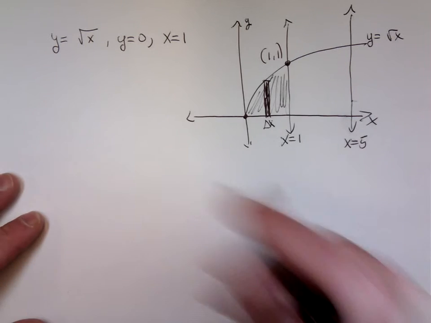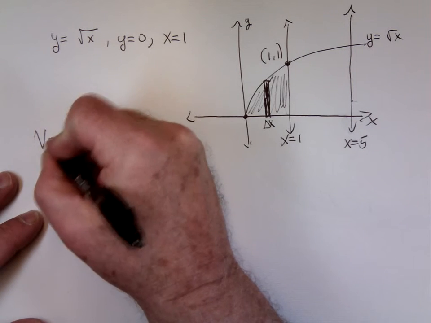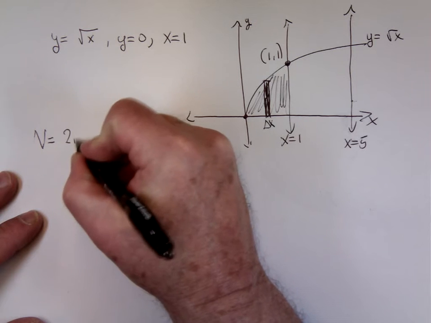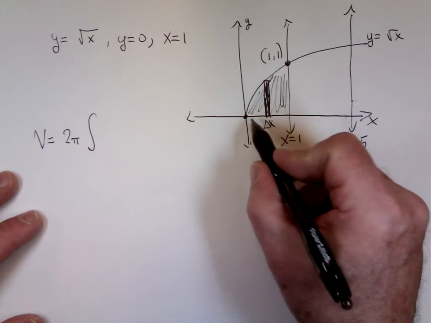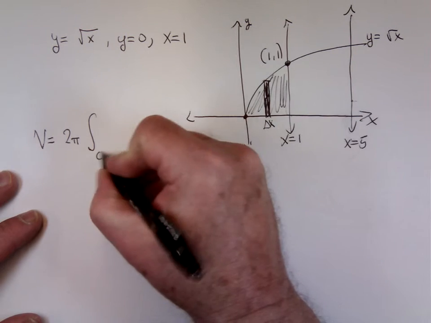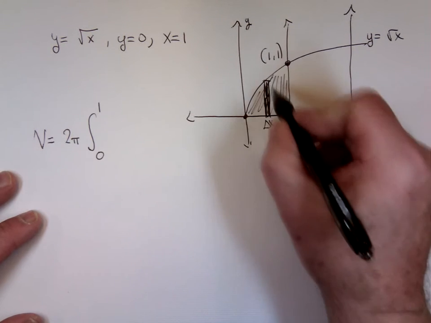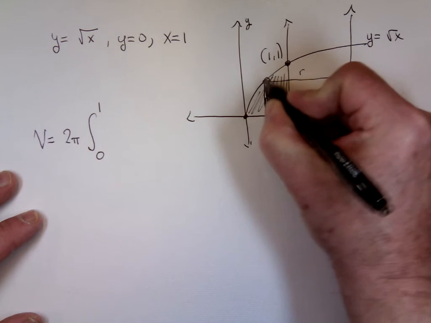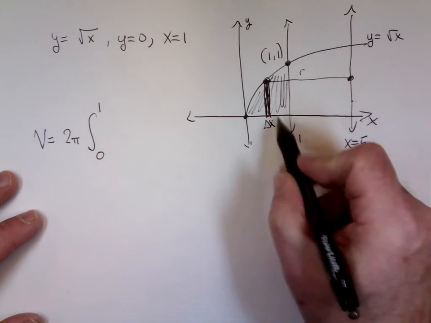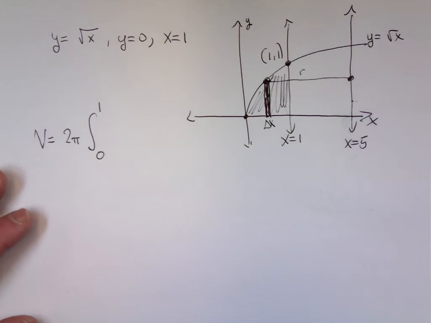The volume will be 2 pi, the integral. Now, x is going to go from 0 to 1. R. This distance will be r from here to here as this gets whipped around this line. What is that distance r?